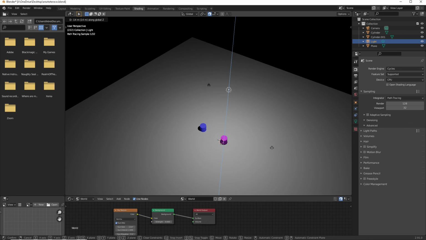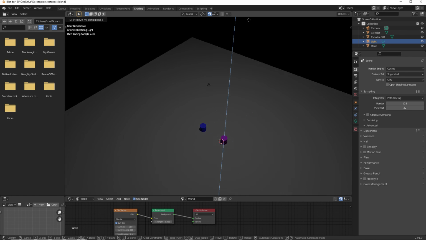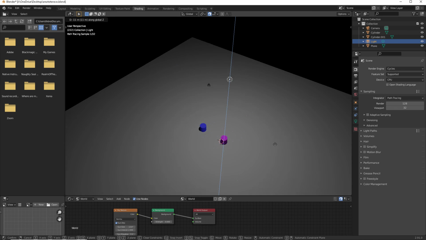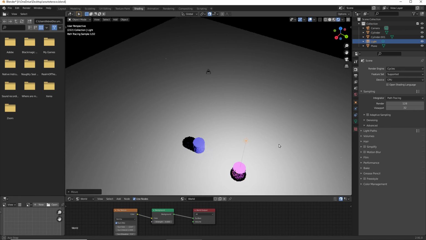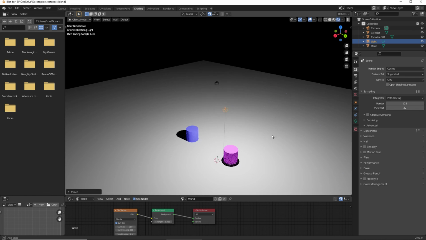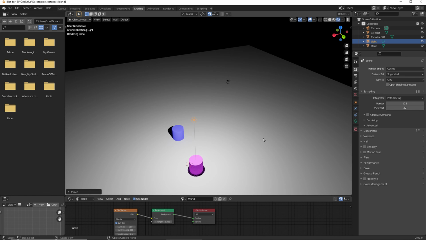Now, if the sun was super far away, keep going up. You see how the shadows are getting closer together? Okay, that's what they're saying. But the sun, when it's local, all of a sudden does that. Very strange, right? So, what is it, dude?